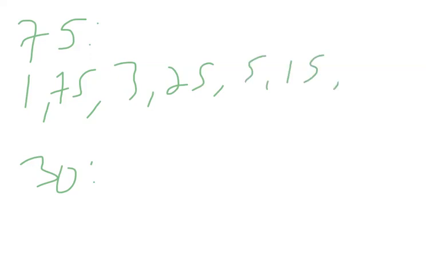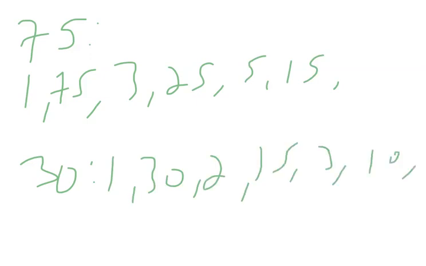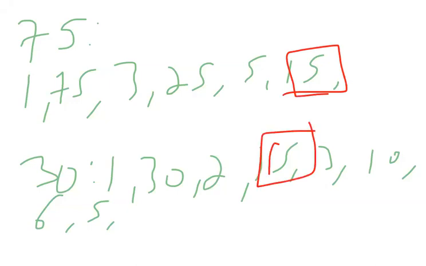That's fine for now. 1, 30, 2, 15, 3, 10. 5, 6 and 5. What else? Okay, as it turns out, it will be 15. That will be the correct answer. That's 15.